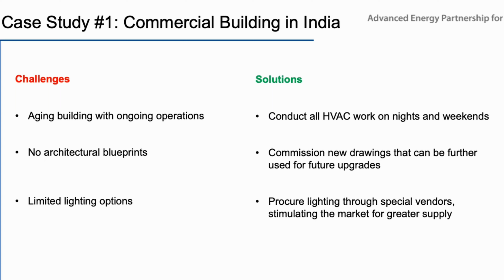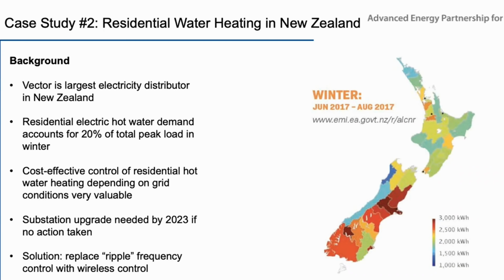Our second case study looks at residential water heating in New Zealand. As you can see from the map, in winter, electric water heating can account for a large amount of energy. The utility there is called Vector, and it's the largest electric distributor in New Zealand. Residential electric hot water demand can account for 20% of peak load in winter.